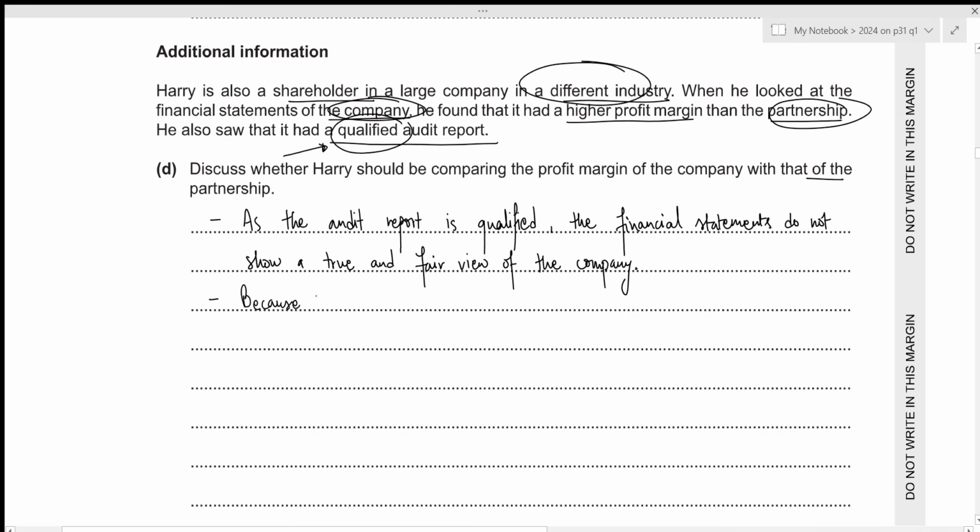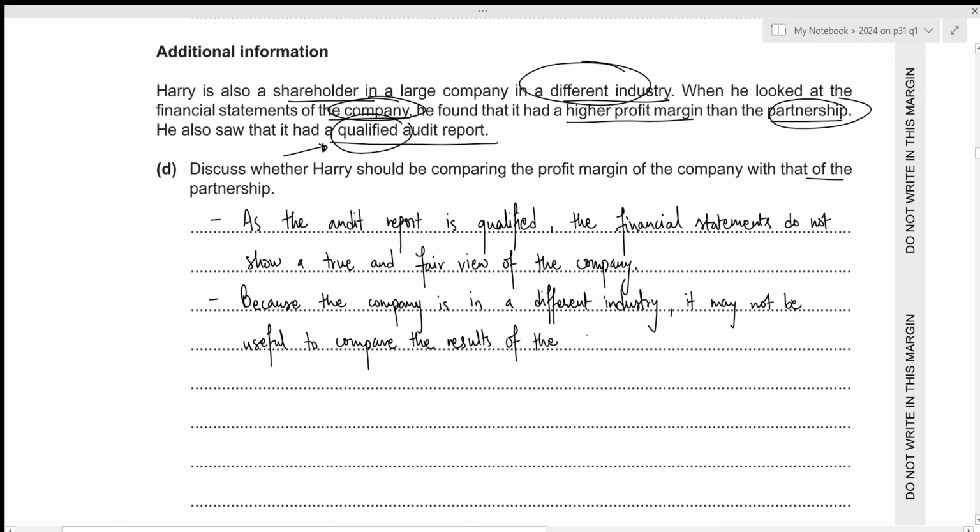Because the company is in a different industry, it may not be useful to compare the results of the 2 businesses.